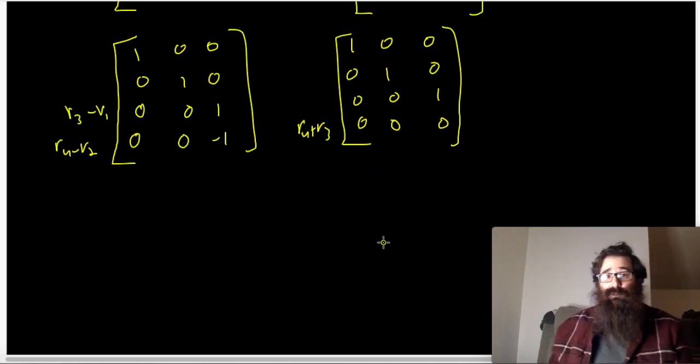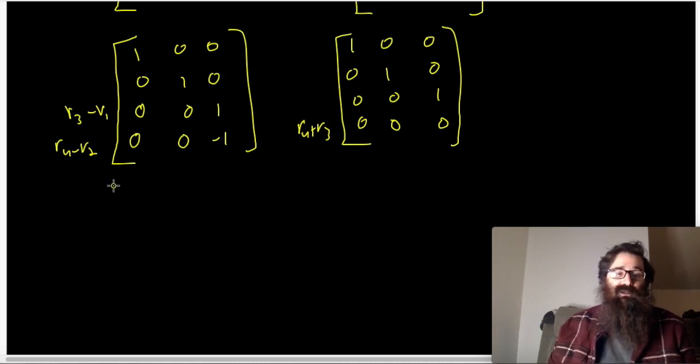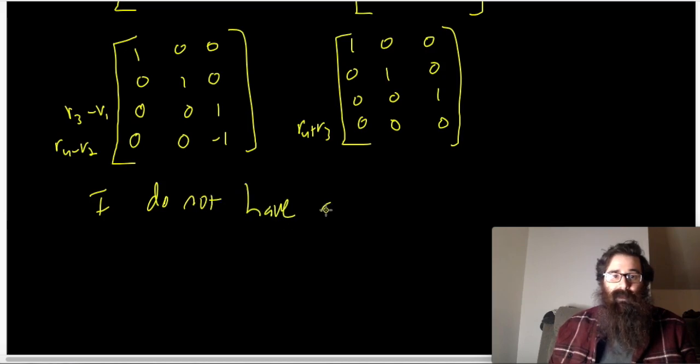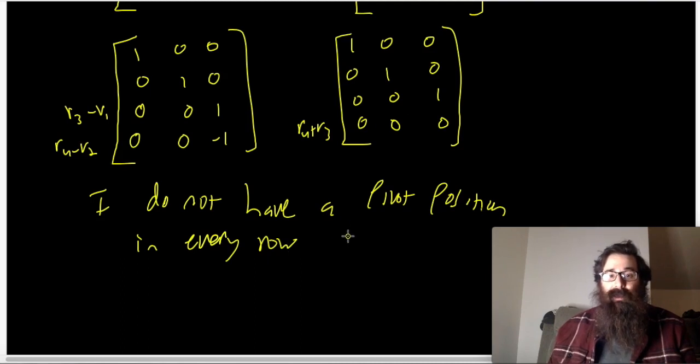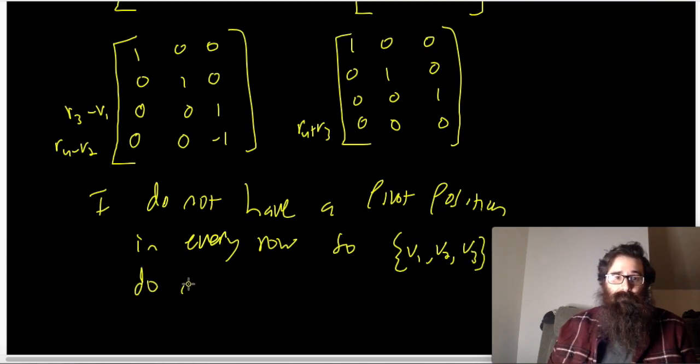Now we have our answer. So we'd say, well, look, I have a row of all zeros at the bottom, which means I don't have a pivot position in every row. So I do not have a pivot position in every row, which means that the set of vectors v sub 1, v sub 2, and v sub 3 do not span R4.